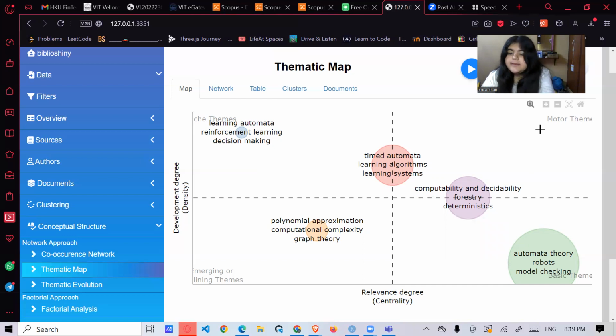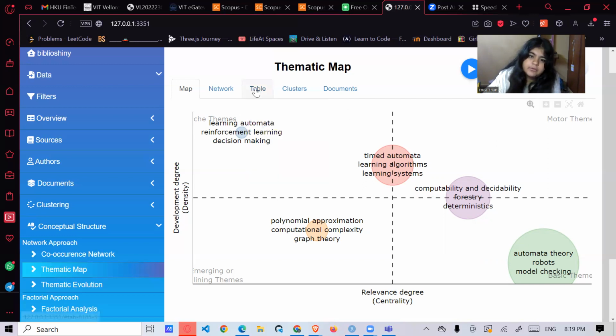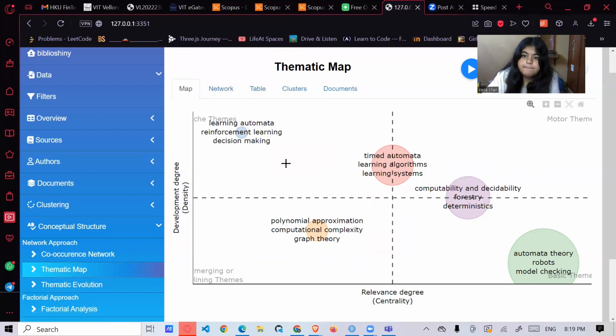Higher impact also means that if you do research papers on those topics, the chances of them being cited in other people's work go comparatively higher, like with learning automata, reinforcement learning, decision making. So the motor themes have the highest impact and highest relevance. The basic themes have lesser impact, but they are still highly relevant.